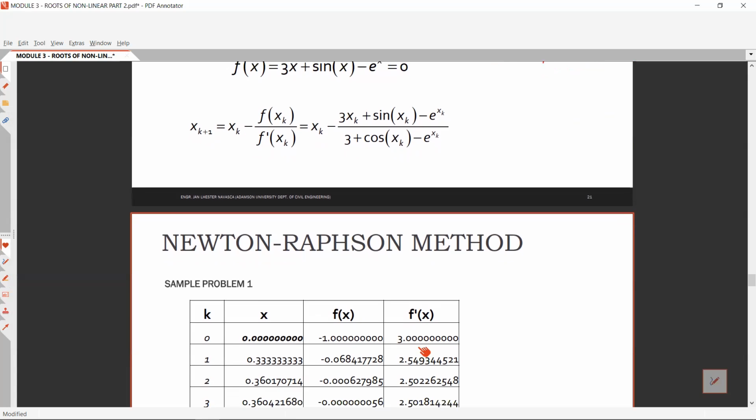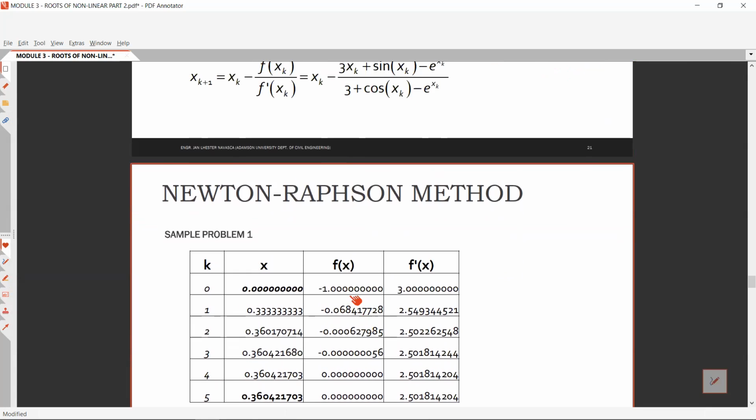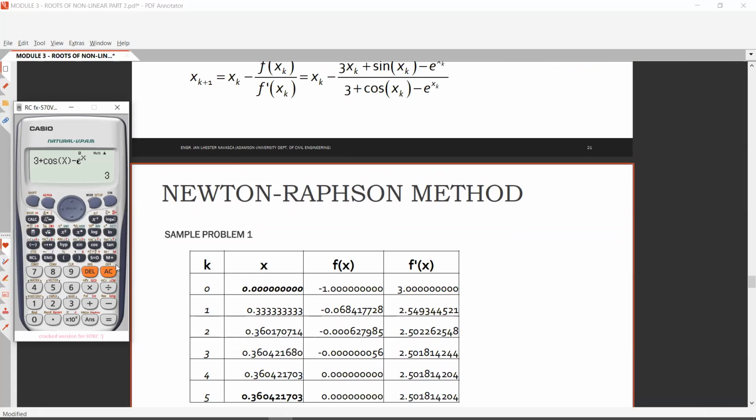So solving for the next iteration, you will check kapag yung f of x mo ba is 0. Hindi pa po. So hindi pa pasok sa tolerance natin yan. So ang gagawin natin, use the Newton-Raphson method.